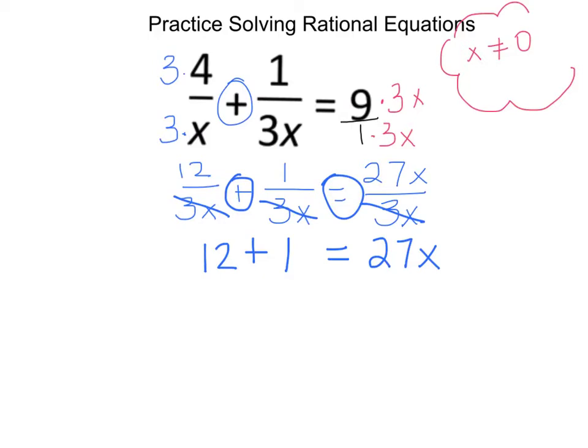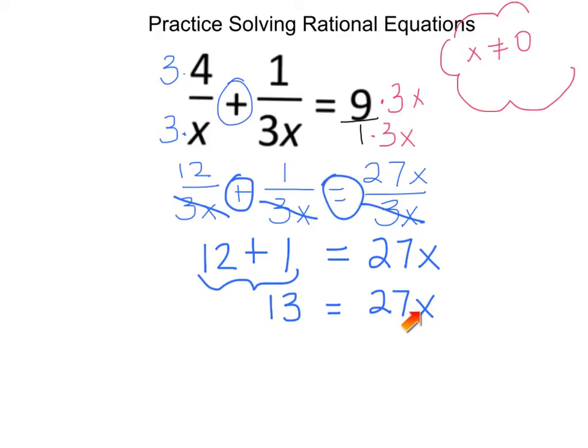Next step, we need to combine any like terms that we have. And we have them here. 12 plus 1 is 13. And what is the last step? The last step is to solve for x, get x by itself. So we're looking at x, and 27 in front of it means 27 multiplied by x.